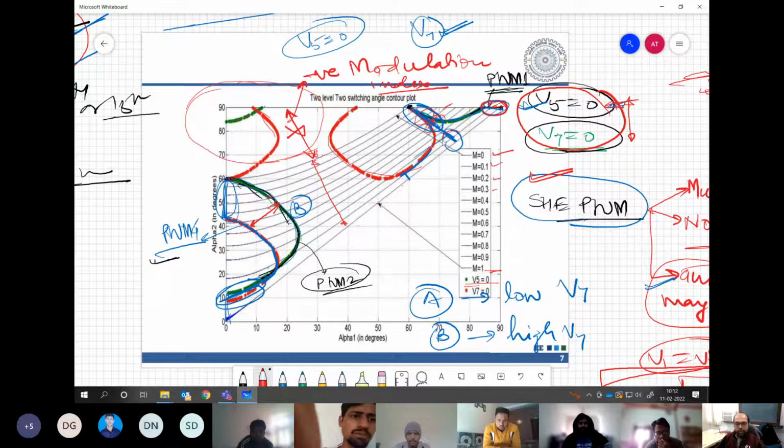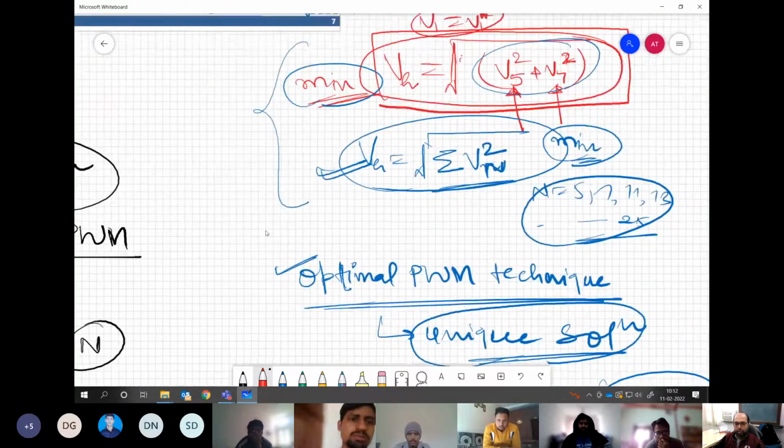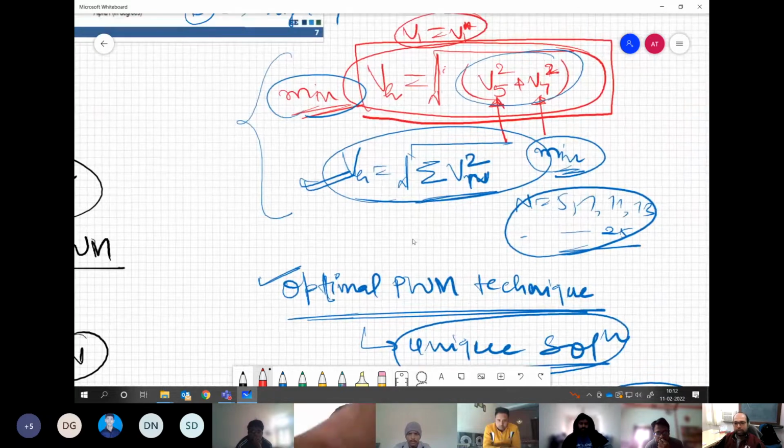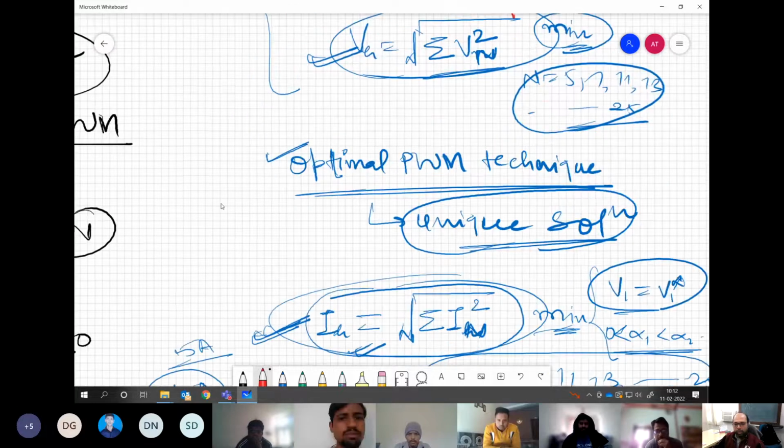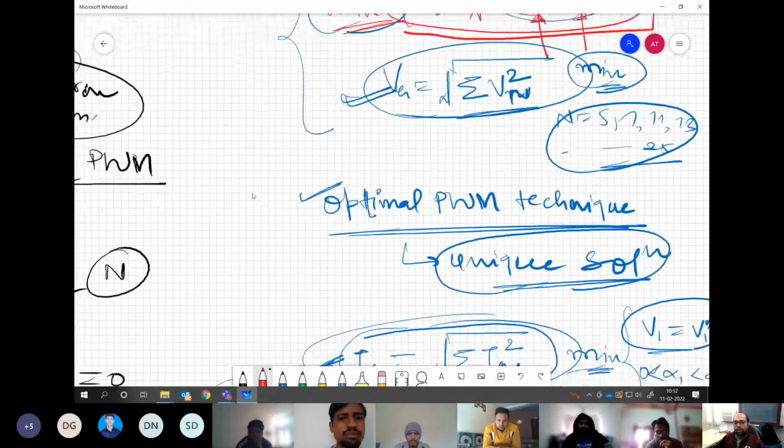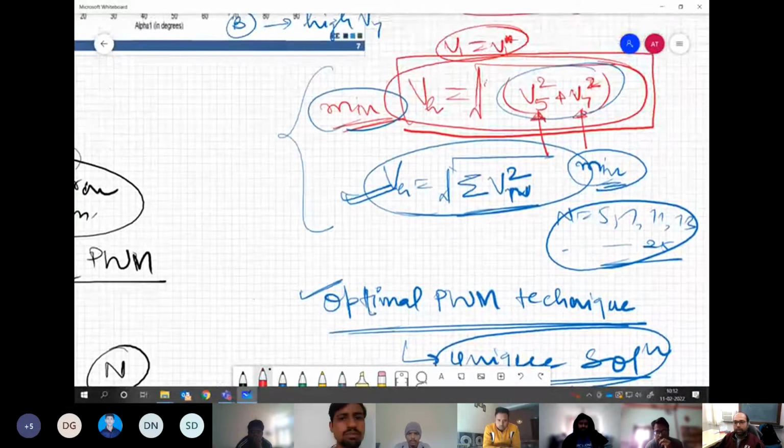Because we are picking the point based on the minimum value, it will have a solution, and it will have a unique solution. So the problems associated with SHE are no more there. We have a unique solution and the solution is available for the complete range of modulation index. And we can choose whatever number of harmonics we want over here.